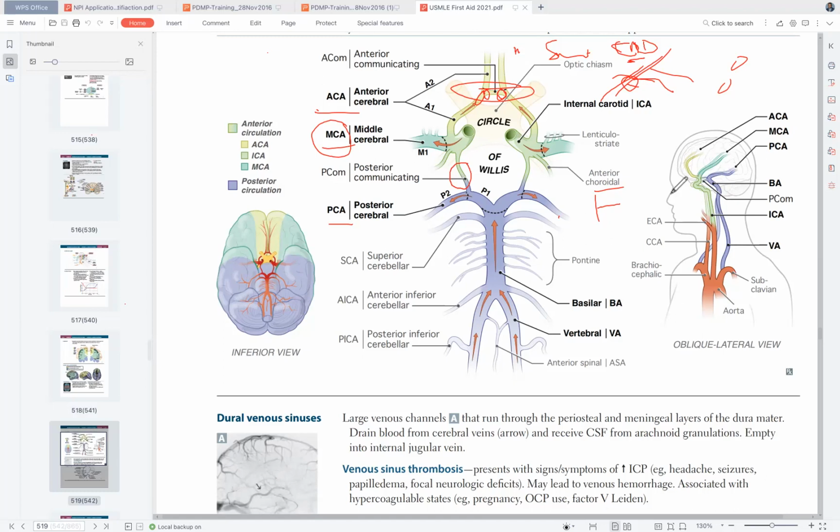They'll have kinky hair. That's Menkes, right? Menkes has kinky hair. Is that correct? Yes, Menkes has kinky hair. And they have increased risk of cerebral aneurysms as well.